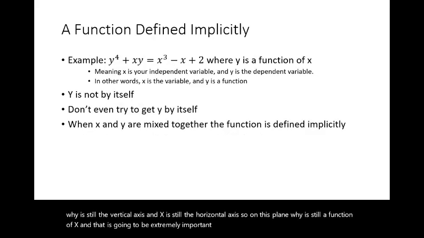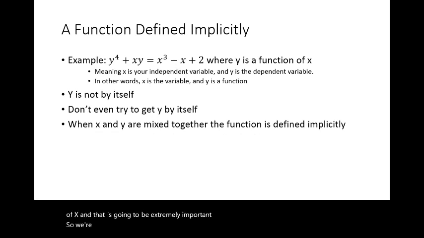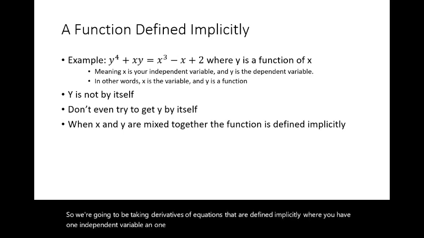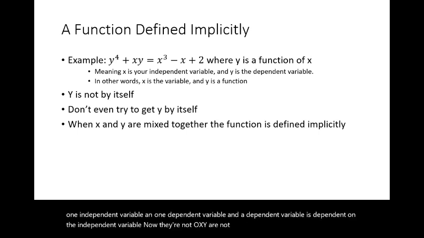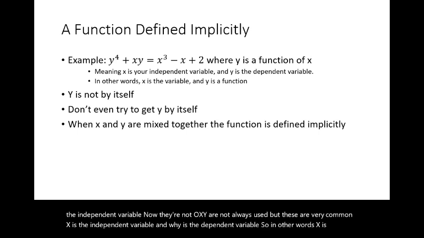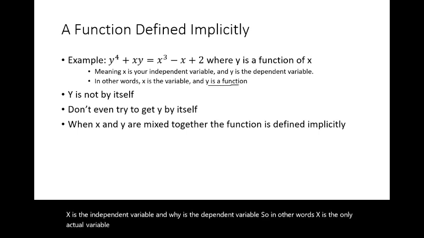So we're going to be taking derivatives of equations that are defined implicitly, where you have one independent variable and one dependent variable, and the dependent variable is dependent on the independent variable. Now, x and y are not always used, but these are very common. X is the independent variable and y is the dependent variable. So in other words, x is the only actual variable here and y is a function of x.